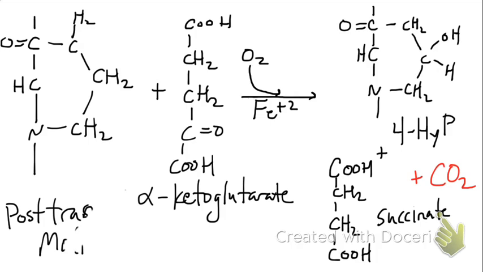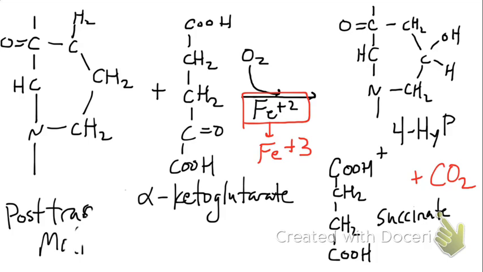Now, the problem with this is when this reaction occurs, the iron of this enzyme becomes reduced. And so when it becomes reduced, it turns into Fe plus 3.